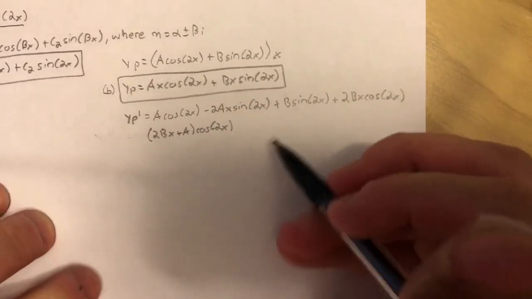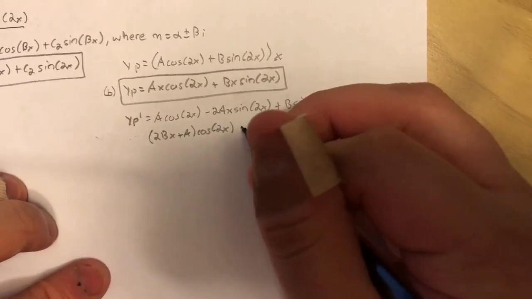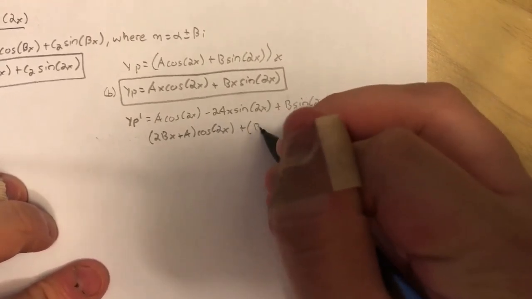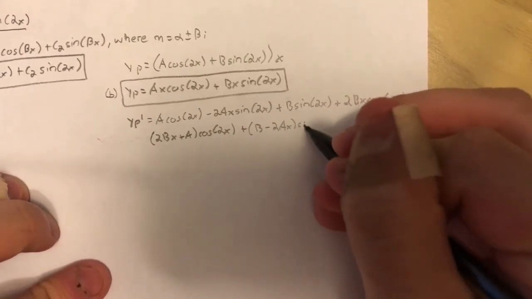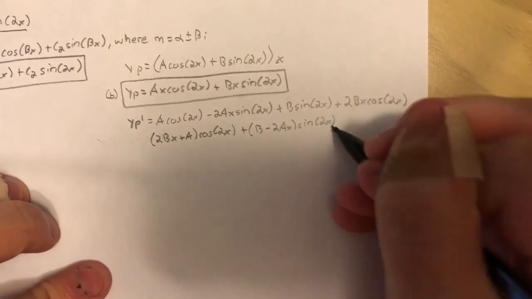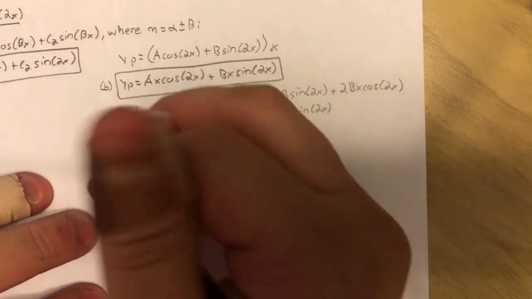And then for sine, we have b minus 2ax, so plus b minus 2ax sine of 2x. That just, I feel like, makes the next derivative a little easier.